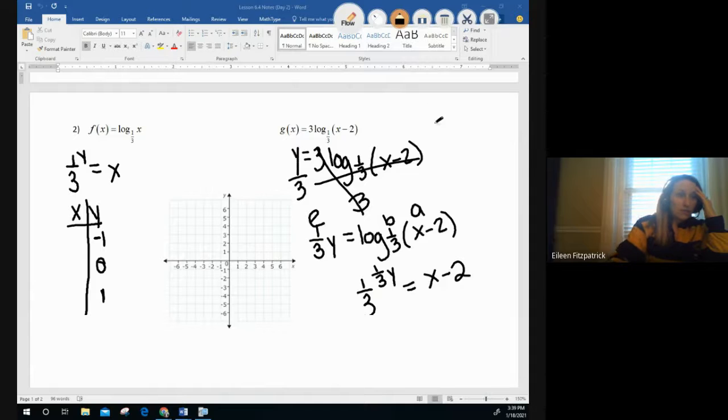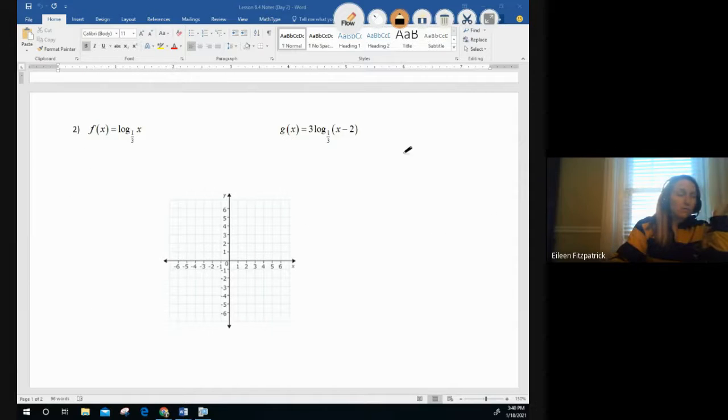And then you can even do one step further, add 2 to both sides. So you'd be left with 1/3 raised to the 1/3 y plus 2 equals x. And for this example, again, it would probably make most sense to pick numbers for y. So you pick a 0 and like a -3, which would probably be the easiest too.